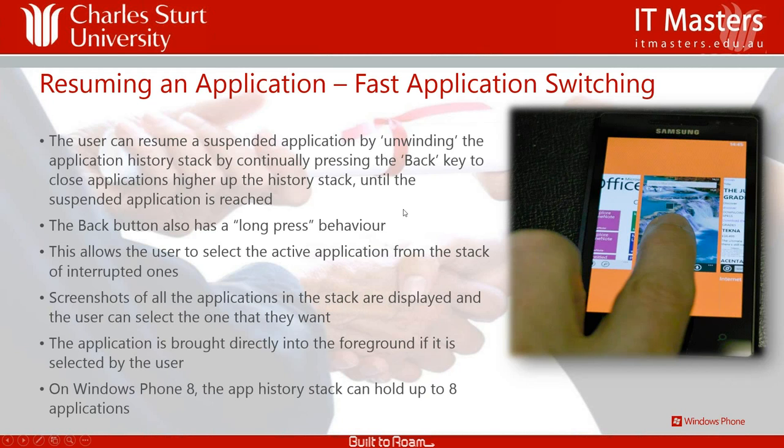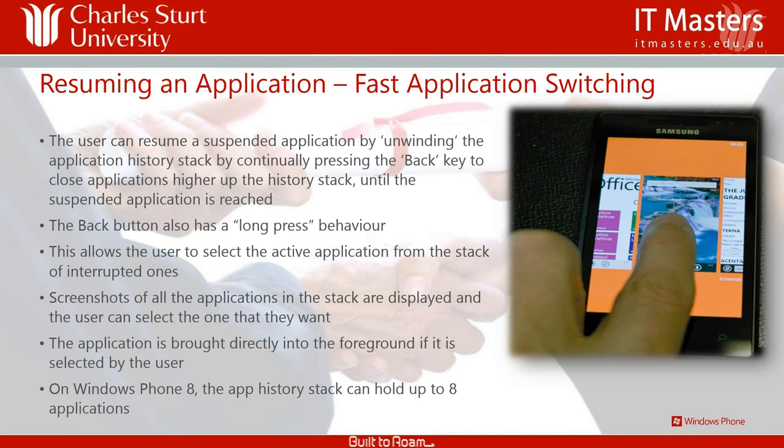One of the things that we'll talk about just briefly here is this concept of fast application switching. Now this is not to be confused with fast application resuming. Fast application switching is the ability for the user to switch between any one of the open applications by pressing and holding on the back button, swiping, as you can see in the image, to another one of the running applications.